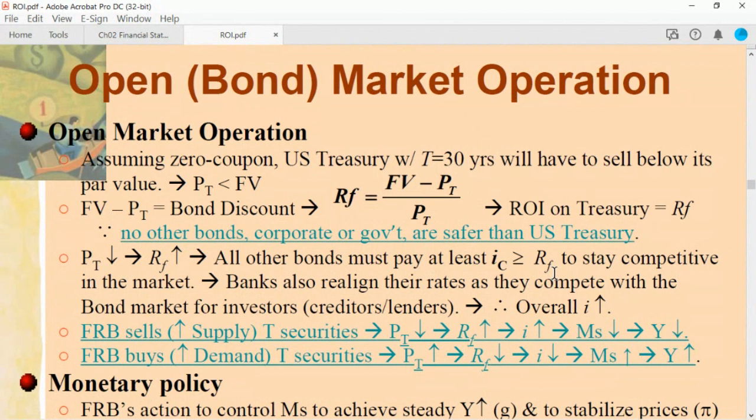Exactly. And how much? What's the face value of the bond? In dollars, just tell me in dollars.